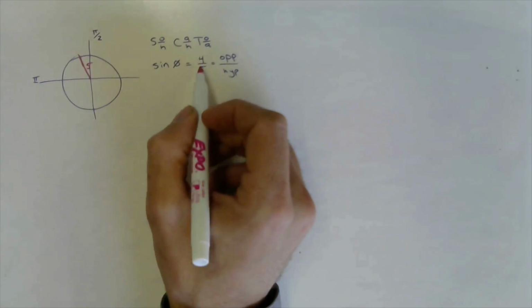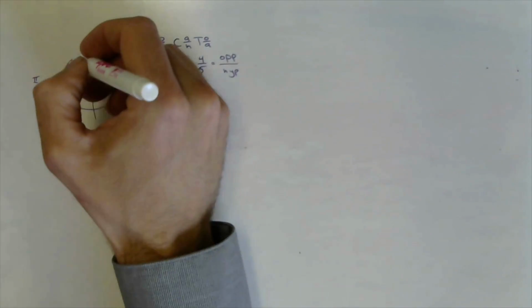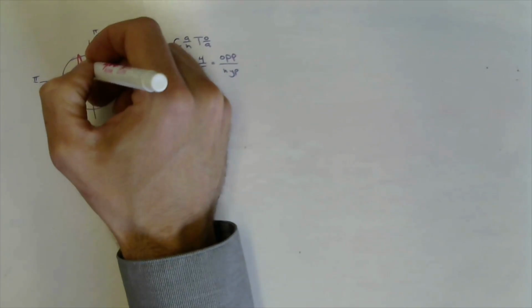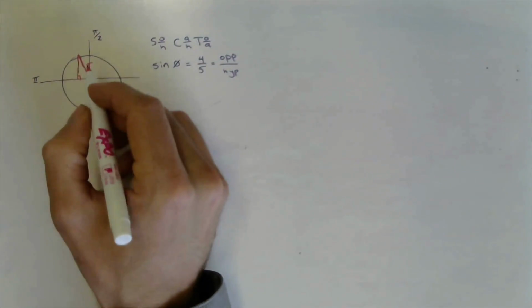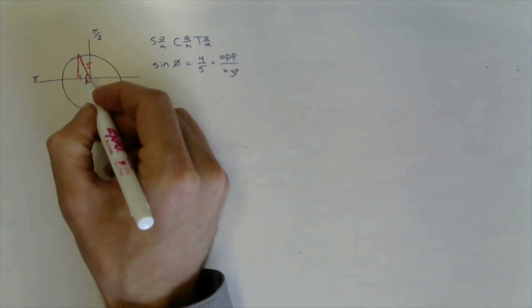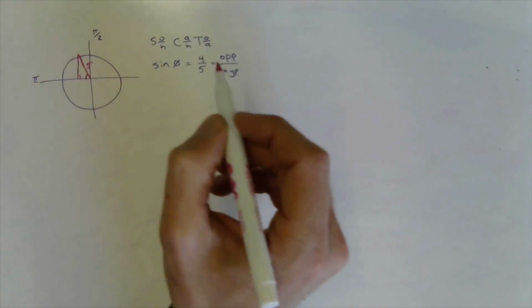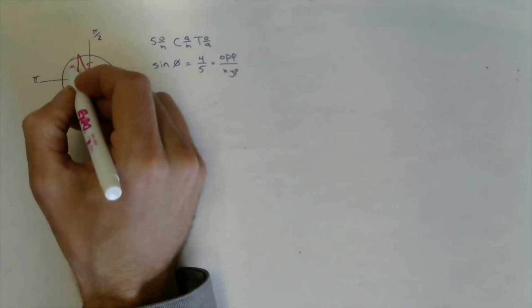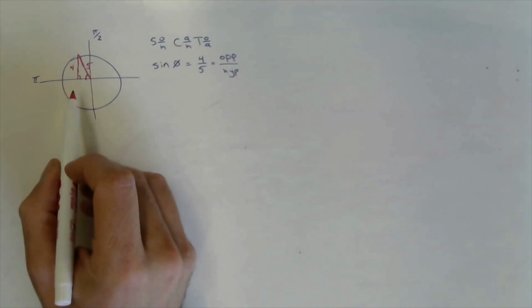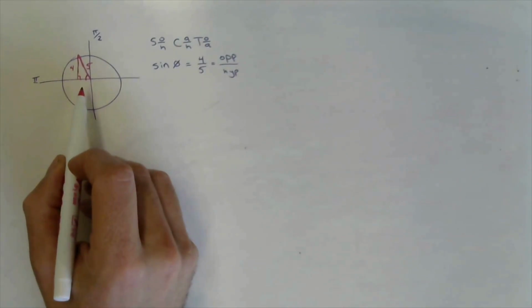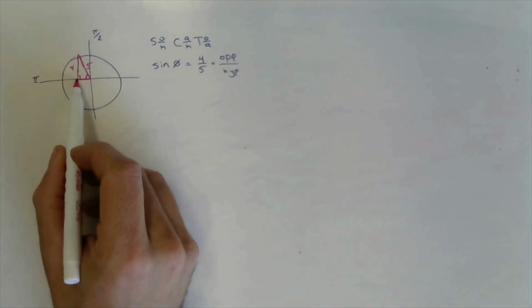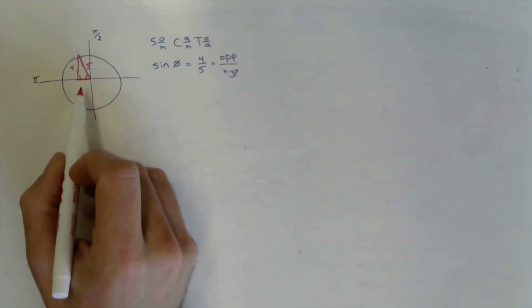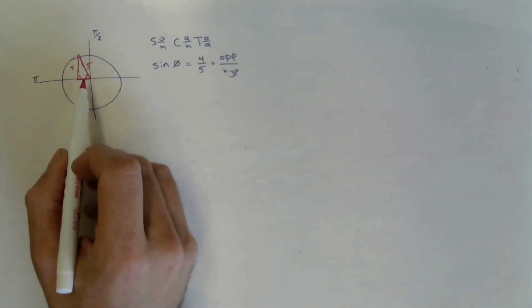The opposite side, so when I finish this diagram, I end up making a right angle triangle, which has adjacent, opposite, hypotenuse. The angle in question is right there. The opposite is 4. And basically, if I know my right triangles, I can use Pythagorean theorem to figure out what the last leg of this is. But if I know my right angle triangles, I know 3, 4, 5 makes a right angle triangle.